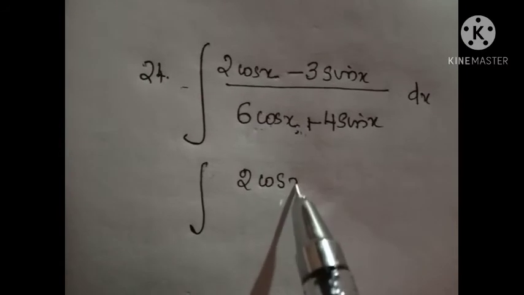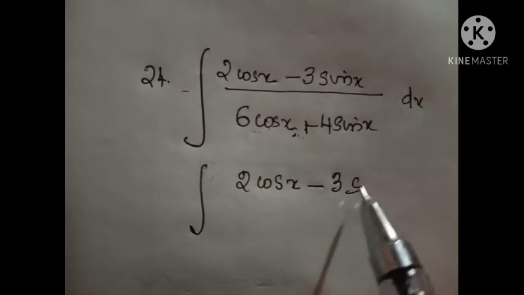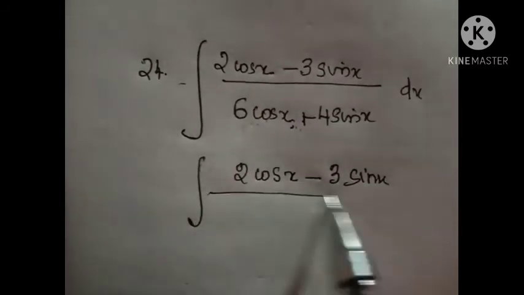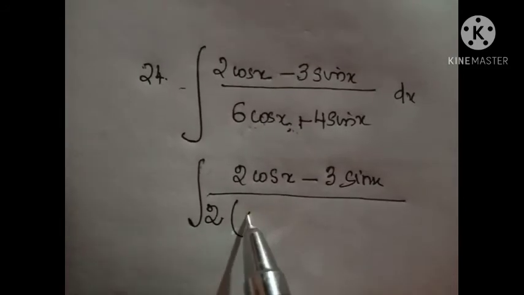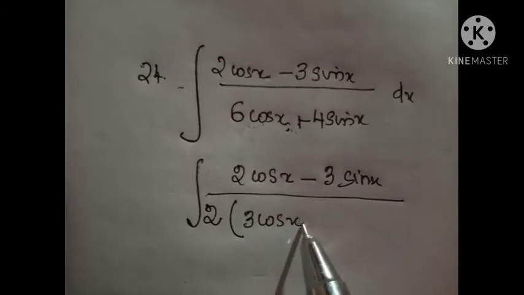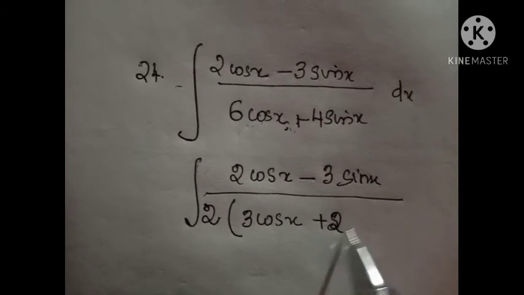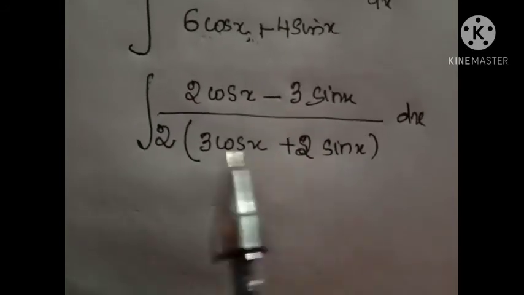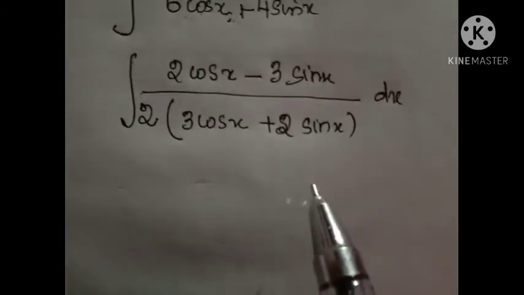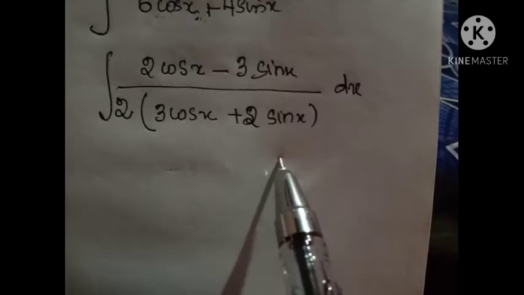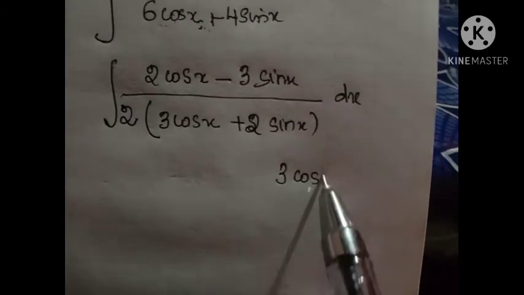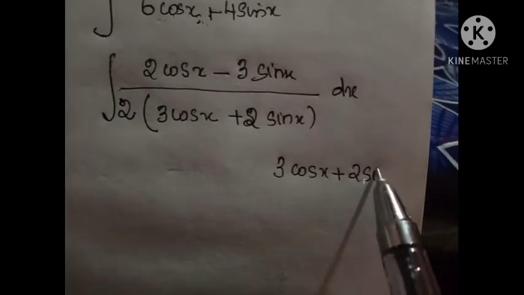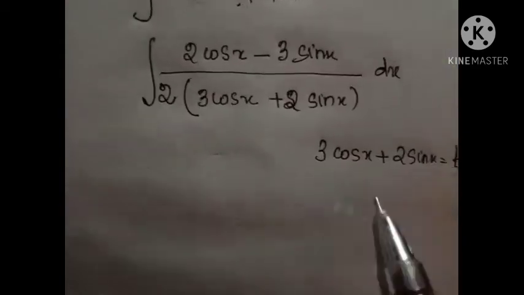So numerator, there is no change. 2 cos x minus 3 sin x by 2 into 3 cos x plus 2 sin x, dx. Now again denominator. Let's start with the denominator. Put 3 cos x plus 2 sin x equal to t.